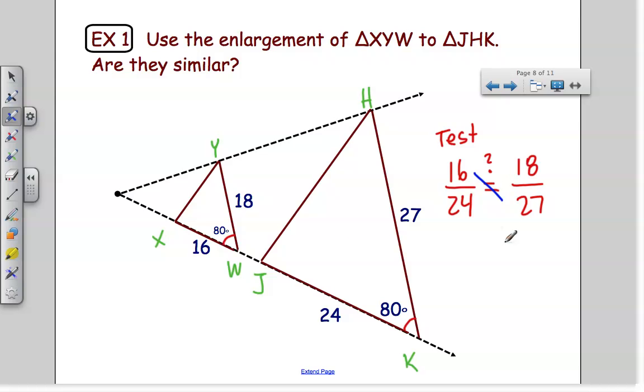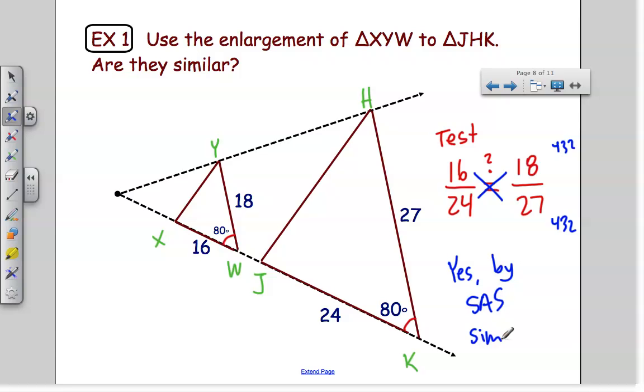So I can do 16 times 27, and I get 432, and then 24 times 18, and I'm hoping for that same thing. And yes, I get 432. So yes, these sides are proportional. I got the same cross product. So the triangles are similar by side-angle-side similarity.